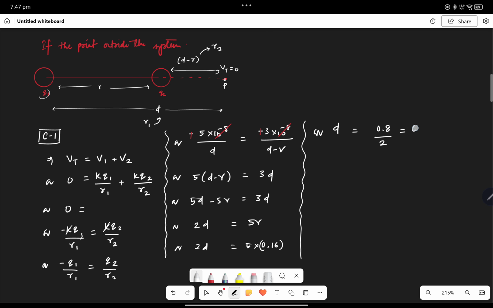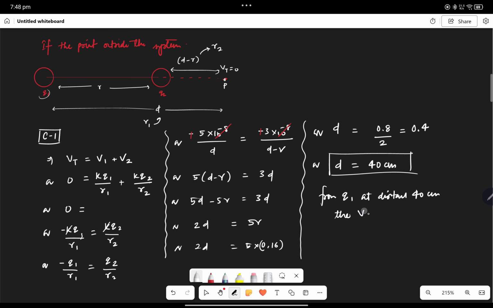So that is going to be 0.4. That particular d you are going to get here is 40 centimeter. So from Q1 at a distance of 40 centimeter, the total potential is going to be 0. So this is your particular answer.